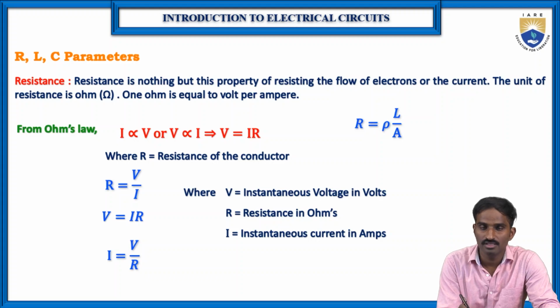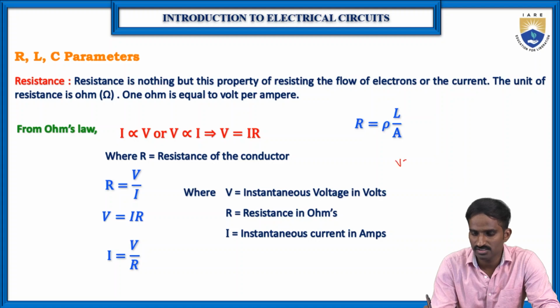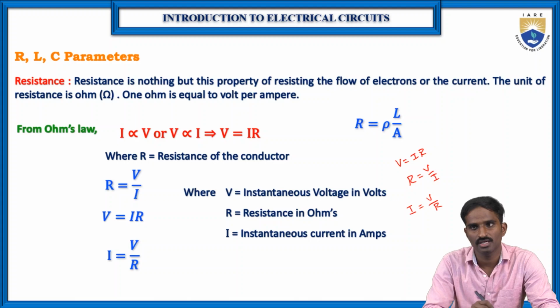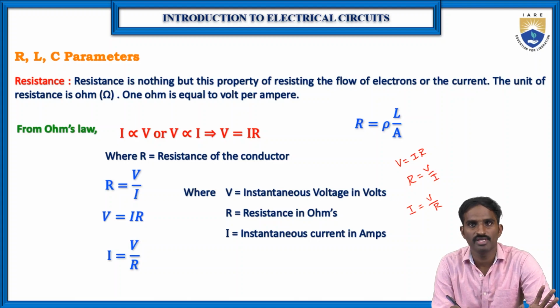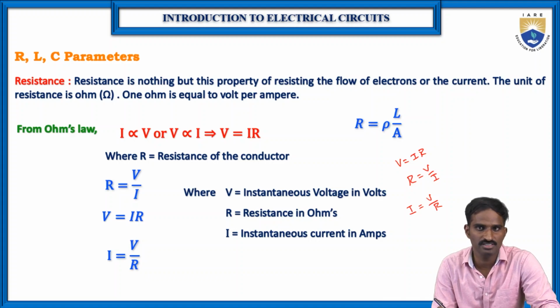So the voltage and current relation in the case of a resistance element is V equals I into R, which means R is equal to V by I. The voltage across the resistor V is equal to I into R, and the current flowing through the resistor I is equal to V by R. Here V is the instantaneous voltage in volts across the resistor, R is the resistance in ohms, and I is the instantaneous current in amperes flowing through the resistor.